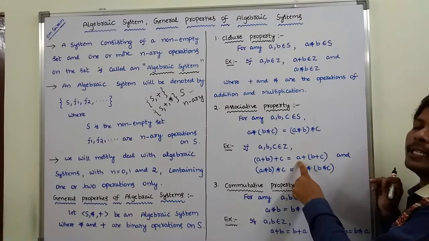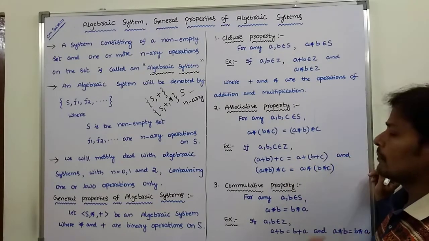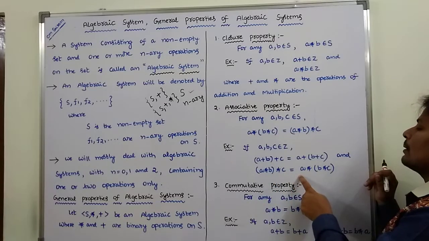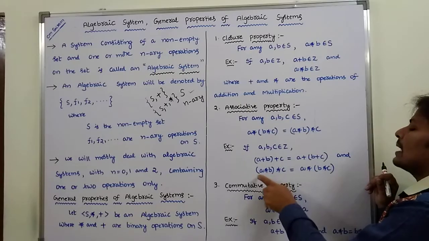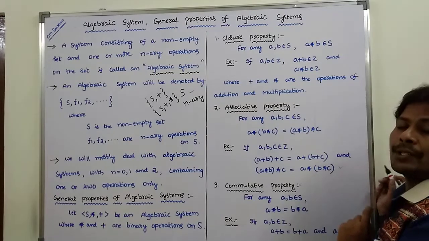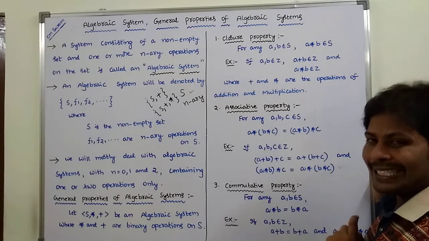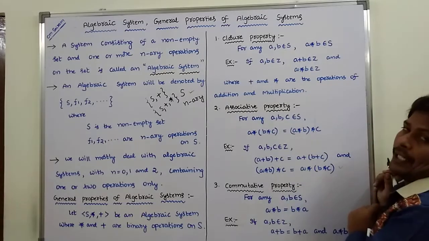Whenever this condition is satisfied, we can say that the addition operation is associative. Next, (A star B) star C is equal to A star (B star C). Whenever this condition is satisfied, the multiplication operation is associative on the set Z.